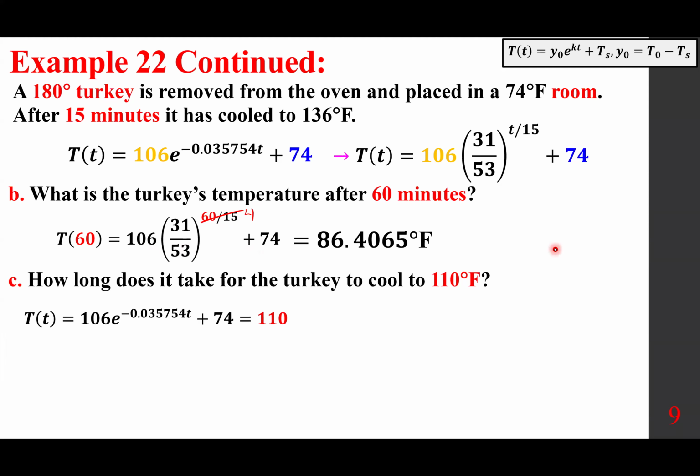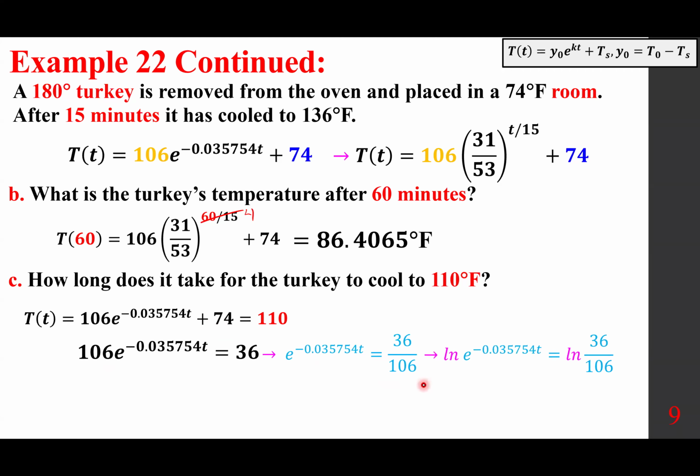How long does it take to cool down to 110 degrees? You use one of them and set it equal to 110. So first, we're going to move the 74 and subtract it, and we get 36. And then we're going to divide by 106. Then we're going to take the natural log of both sides. Again, I'm not going to simplify this.